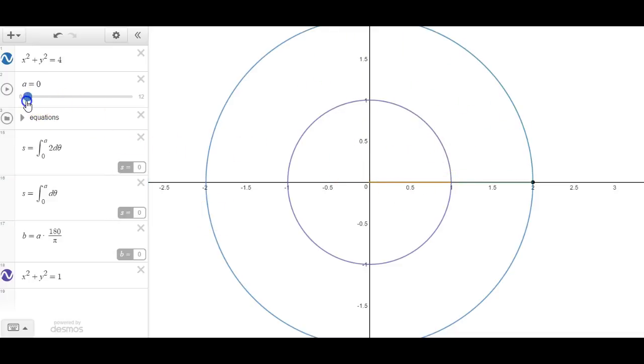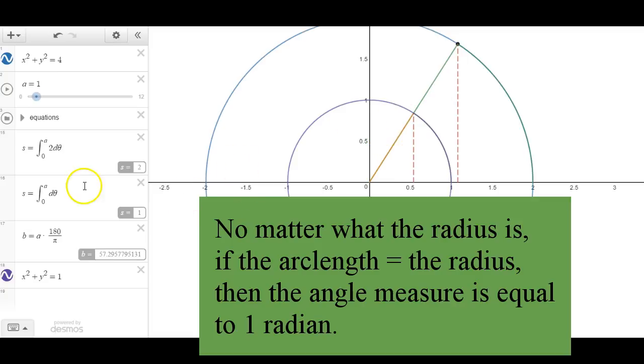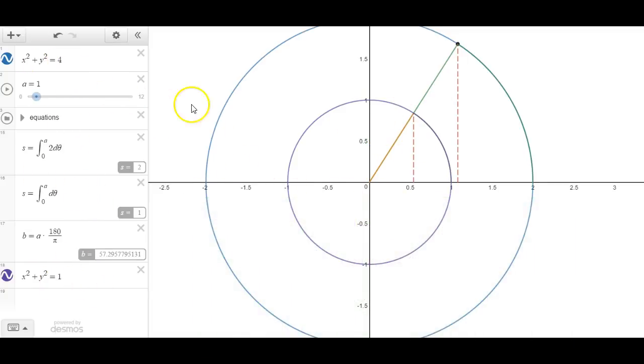What I'm wanting you to see is that it's not unique to the unit circle. It works for any size circle. The radius can be 1, a unit circle down here, the purple one, or the radius can be anything.